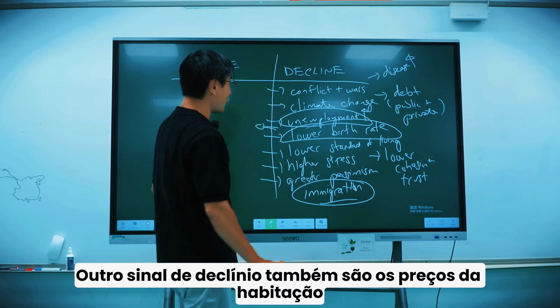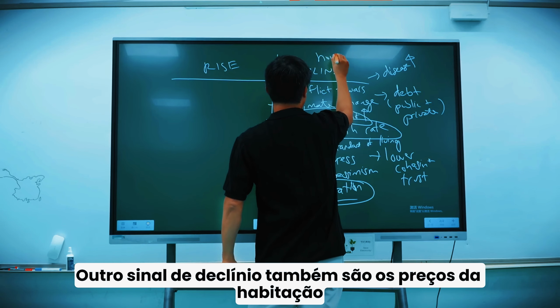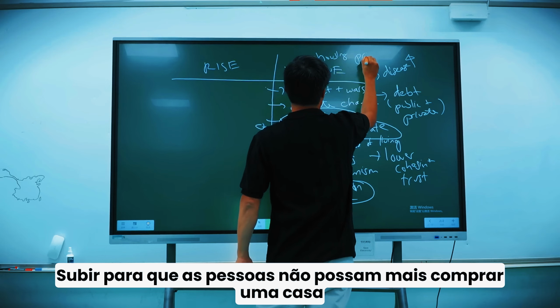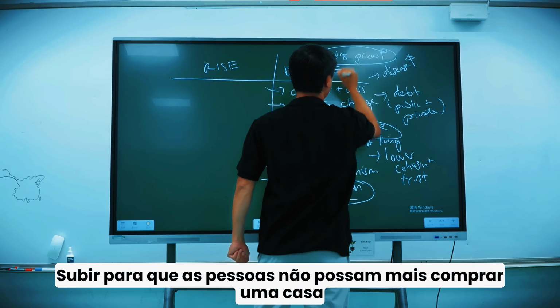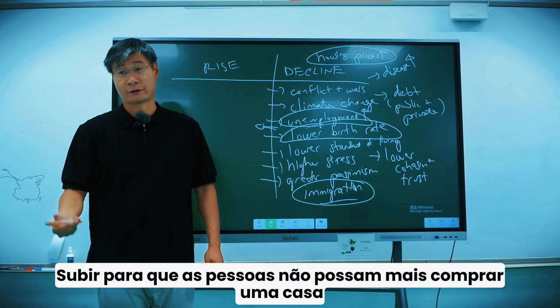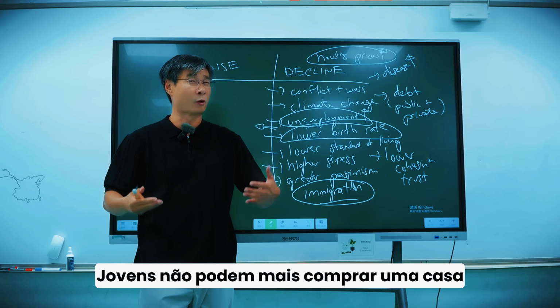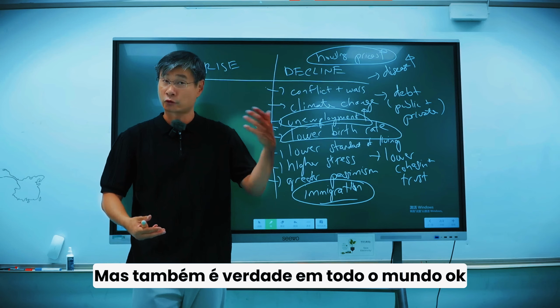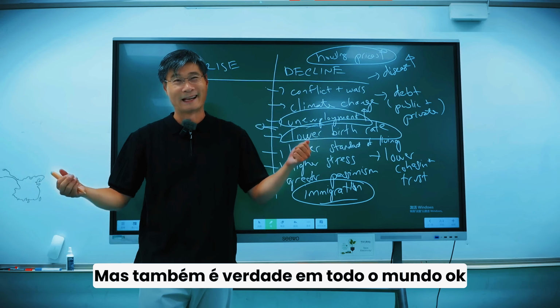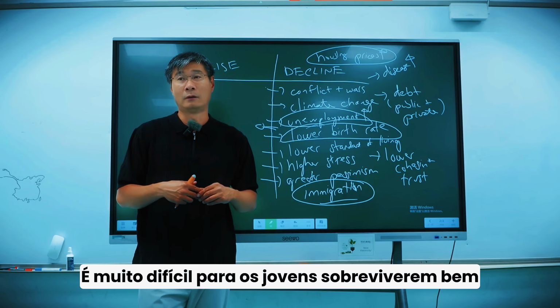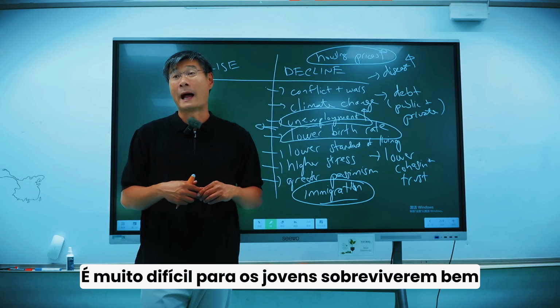Another sign of decline is also that housing prices go up. So people can no longer afford to buy a house. This is true in China. Young people can no longer afford to buy a house, but it's also true throughout the world. Okay? It's really hard for young people to get by.